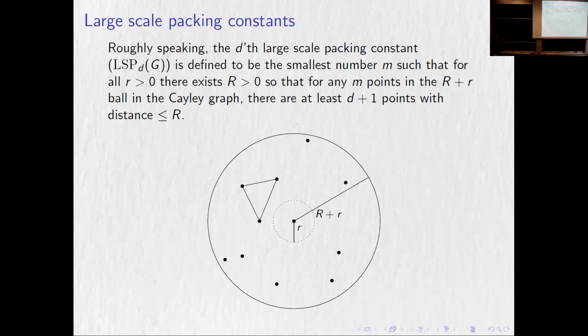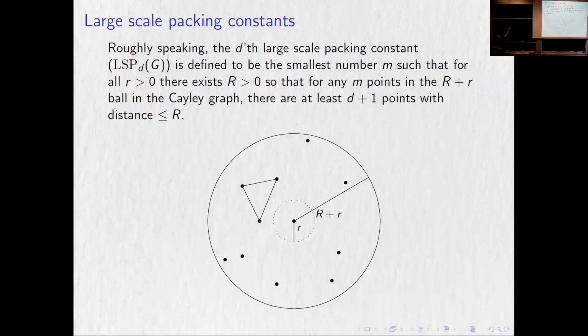But we might also have some higher dimensional versions of that, which look at how many balls I can pack when I allow some overlaps. For example, maybe I'm okay with any point being in at most, let's say, 3 balls.